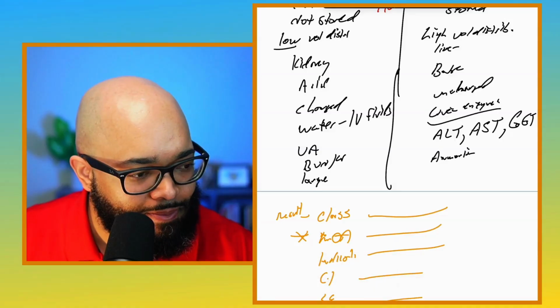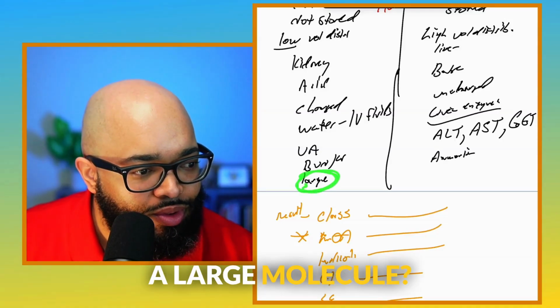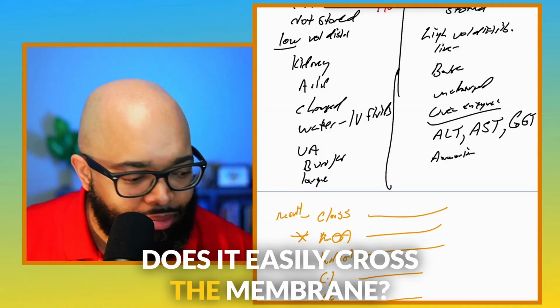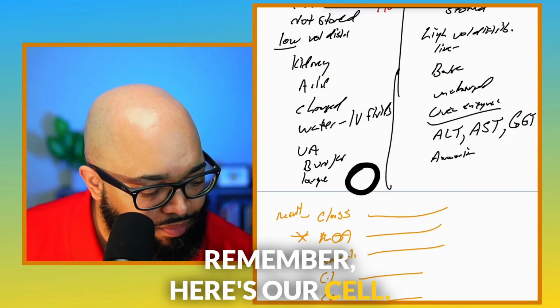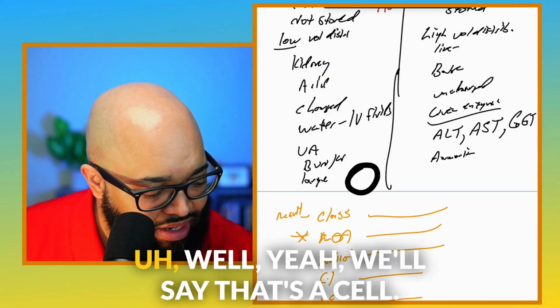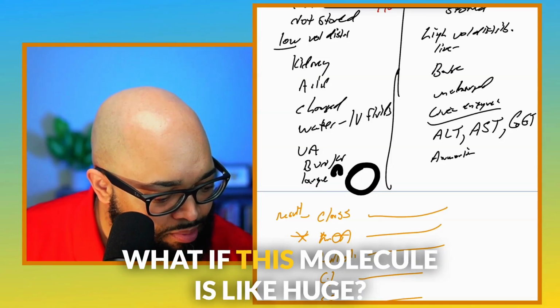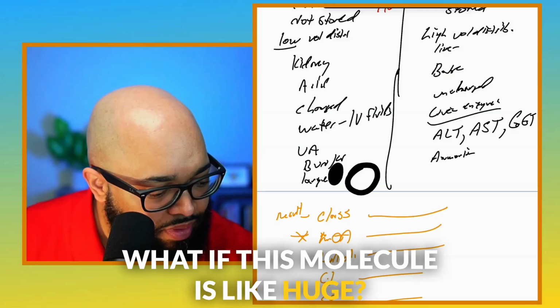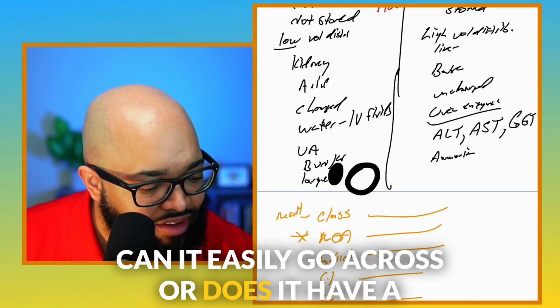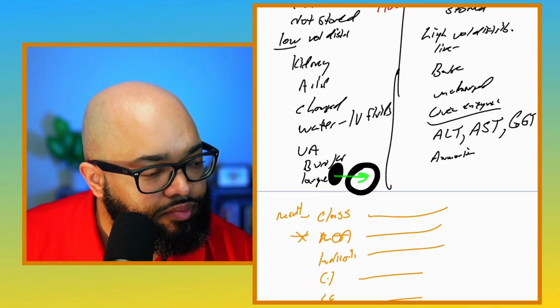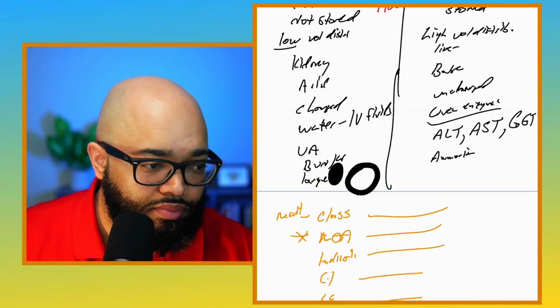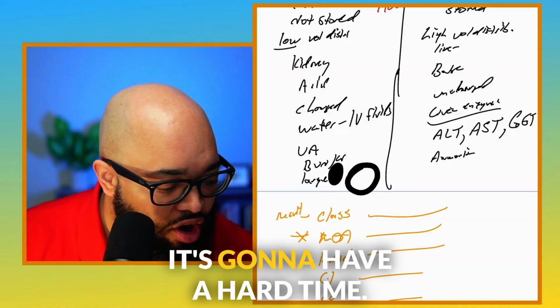Here's our cell. What if this molecule is huge? Can it easily go across or does it have a hard time getting in? It's going to have a hard time.